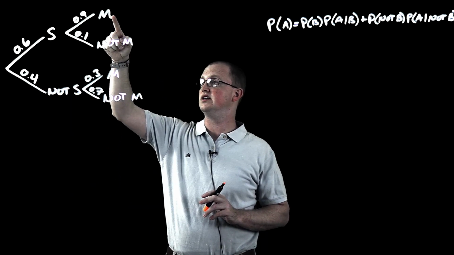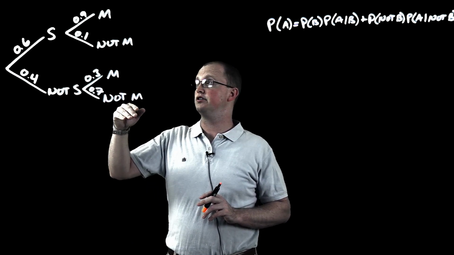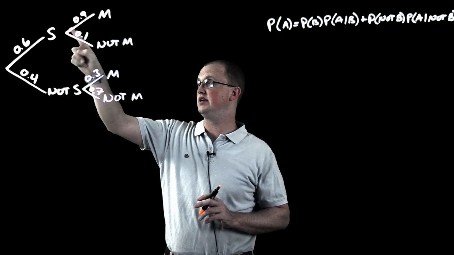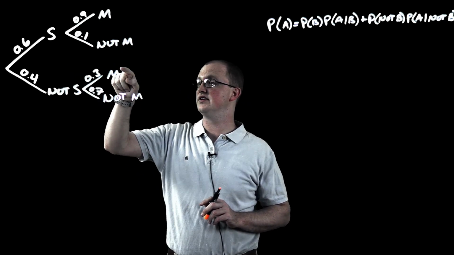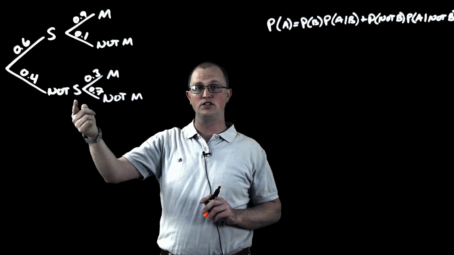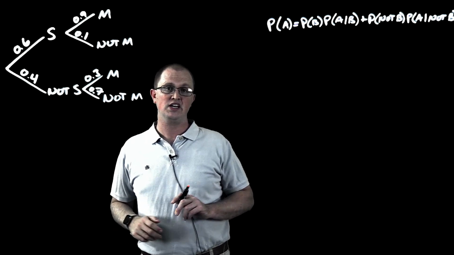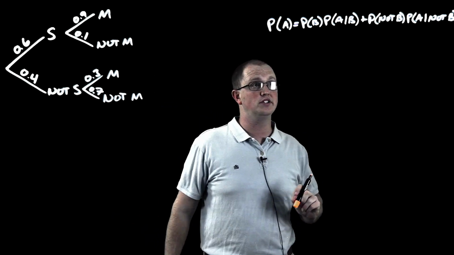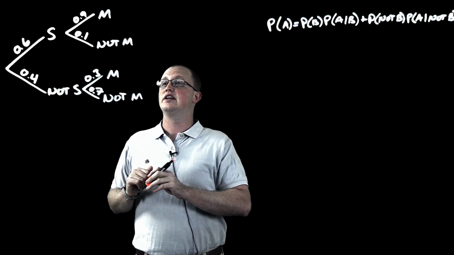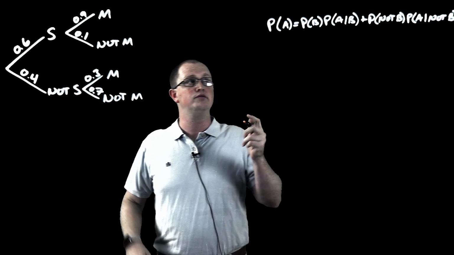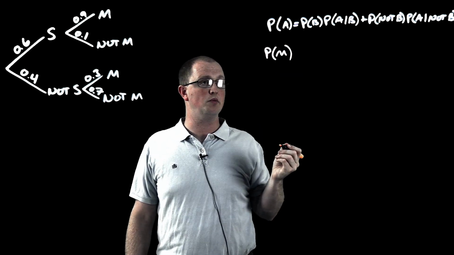But all of the second line of branches are conditionals. This is the probability of M given S, and this is the probability of not M given S. And this is the probability of M given not S, and this is the probability of not M given not S. And we use the total law of probability to say, well, if we know all of these conditionals, can we answer the question of what is the probability that we get to go to MoMath?